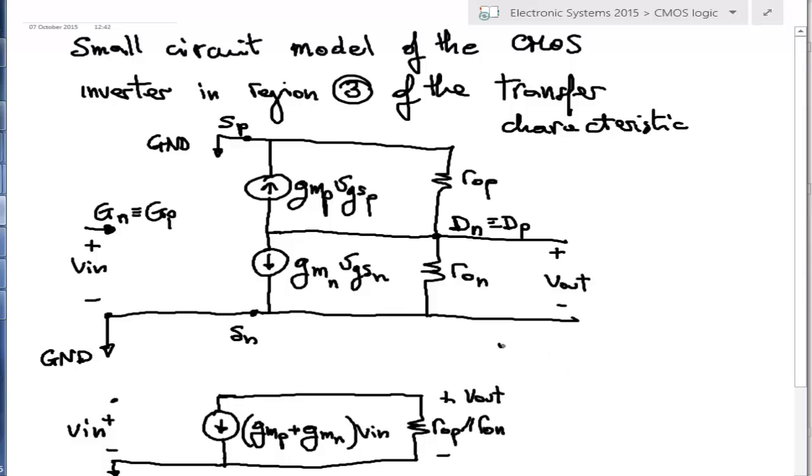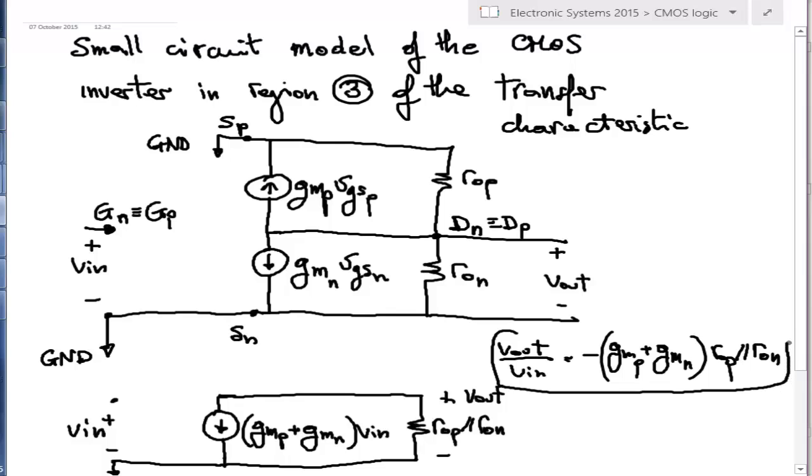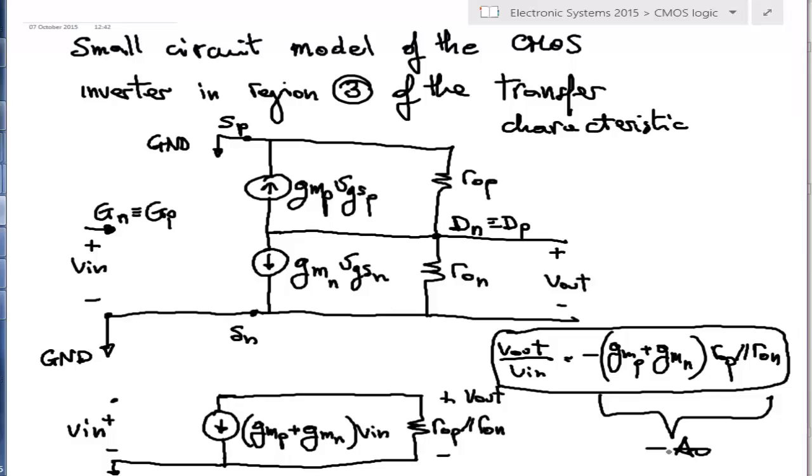We can write Vout over Vin as minus GMP plus GMN times ROP in parallel to RON. We can call this part A0, so minus A0. This is the voltage gain of the inverter when the transistors are in the saturation region.